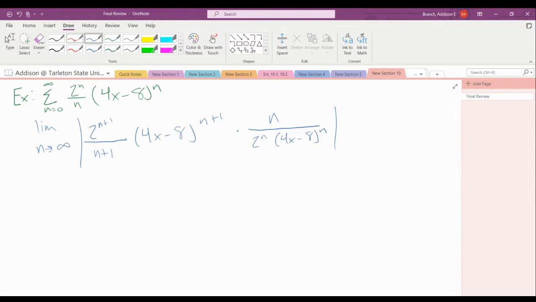First let's cancel some stuff out. We can cancel out this 4x minus 8 to the n with all of these except for one, so we can get rid of that exponent. We can do the same thing with this 2 to the n, and just be left with 2.